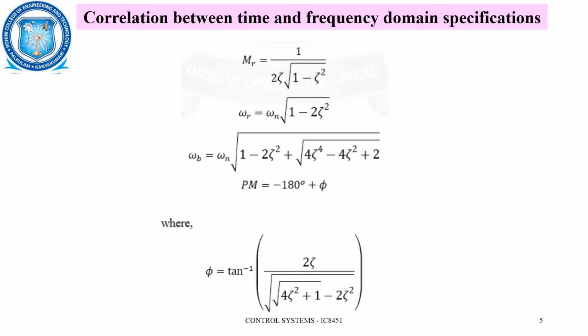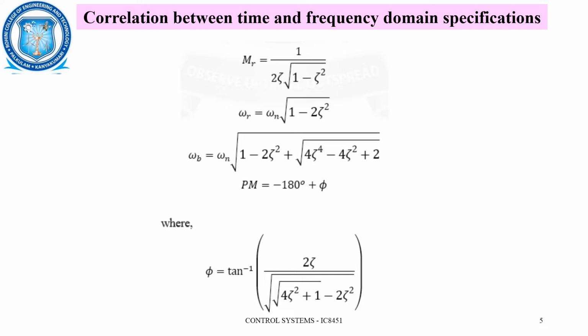Now, in order to find the correlation between the time and frequency domain specifications, we are going to consider two different values for zeta. First, let us put zeta equal to 0. Second, the square root of 1 minus 2 zeta square is taken as 0.